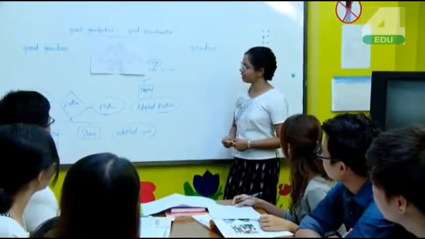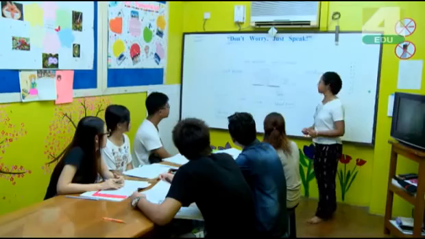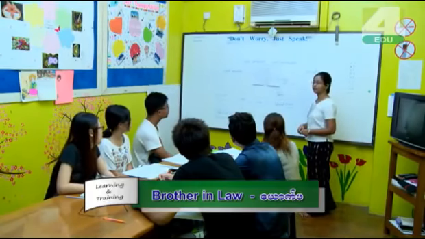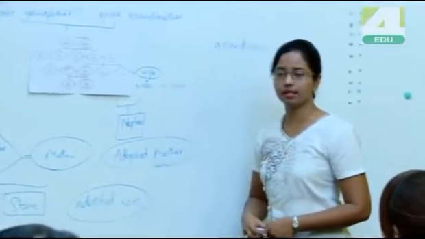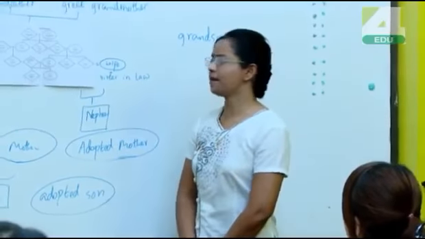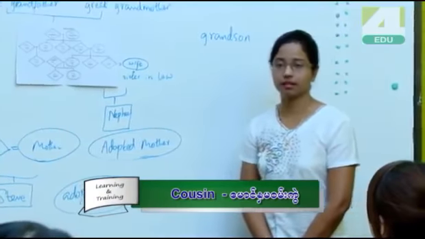Very good. So Steve's auntie's husband is Steve's uncle too. So Steve's sister's husband is Steve's brother-in-law. Okay, so Steve's sister's son is Steve's nephew.